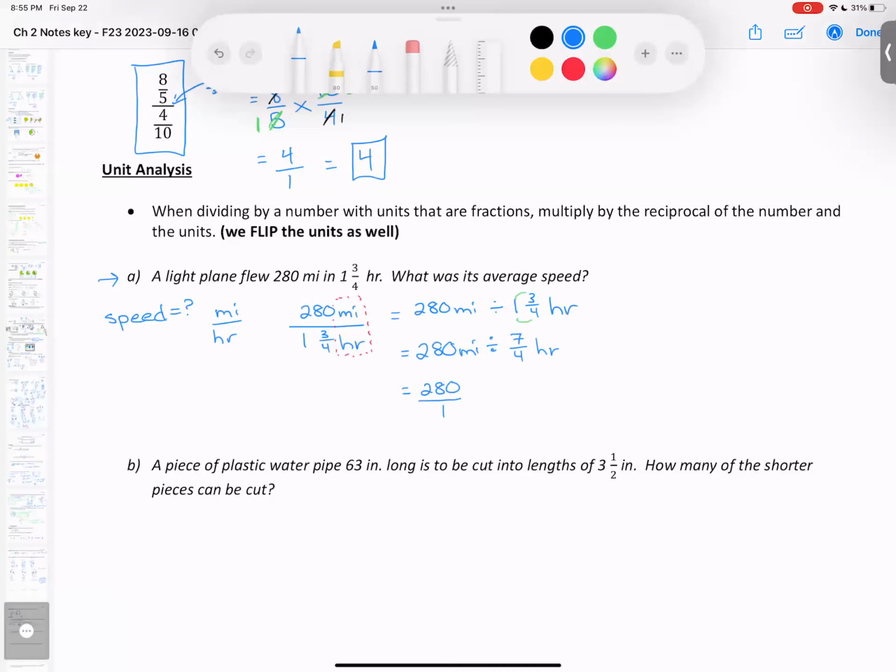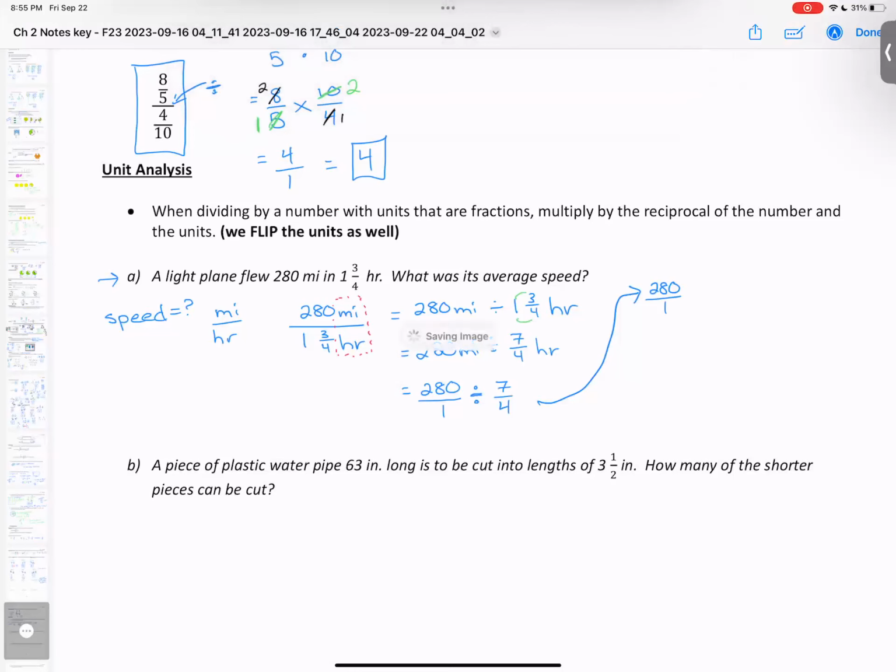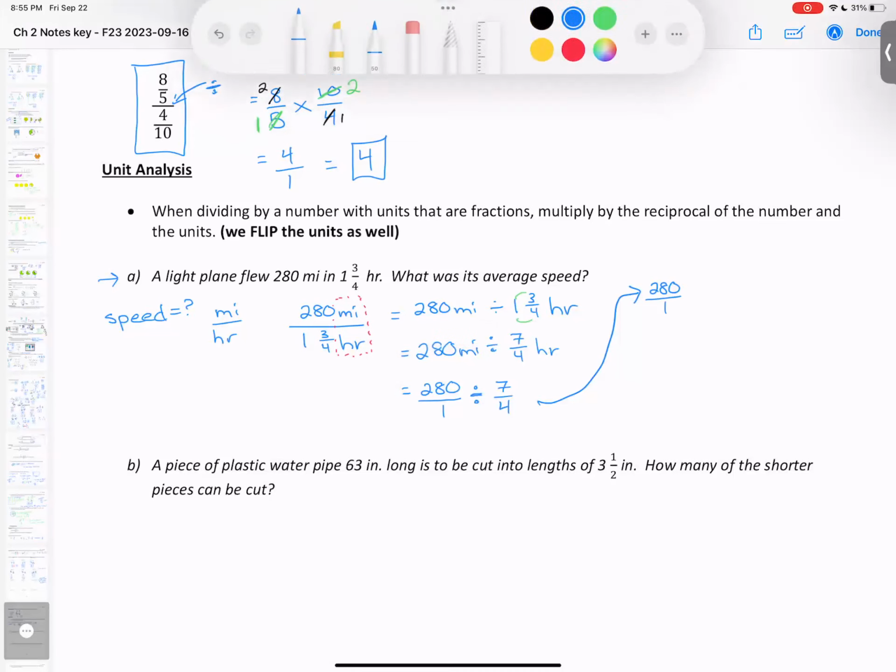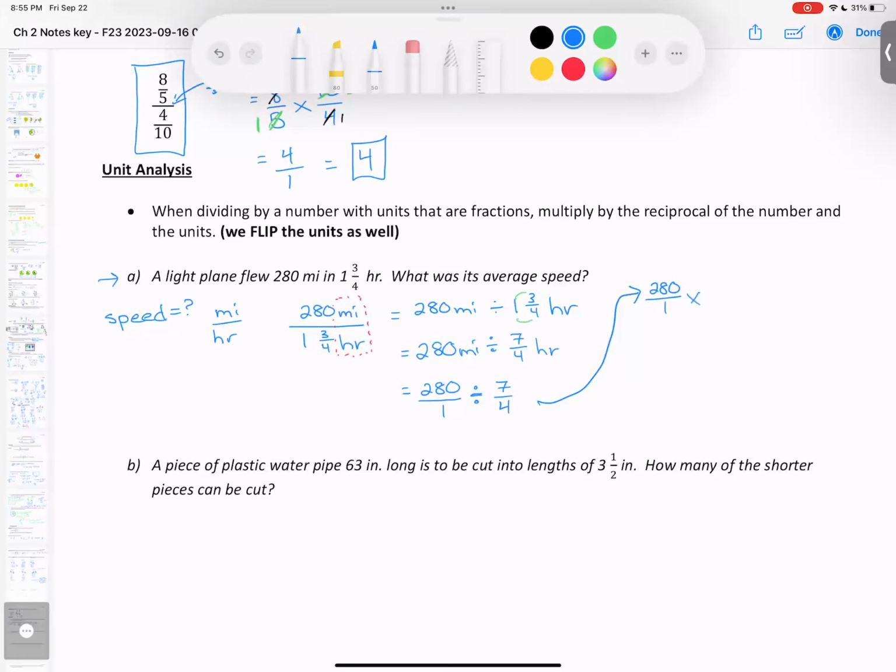I'm going to get rid of my units, but just remember my answer is going to be in miles per hour. So we've got 280 over 1 over 7 over 4. Then we can change that to multiplication if we flip the second number, so 280 over 1 times 4 over 7.